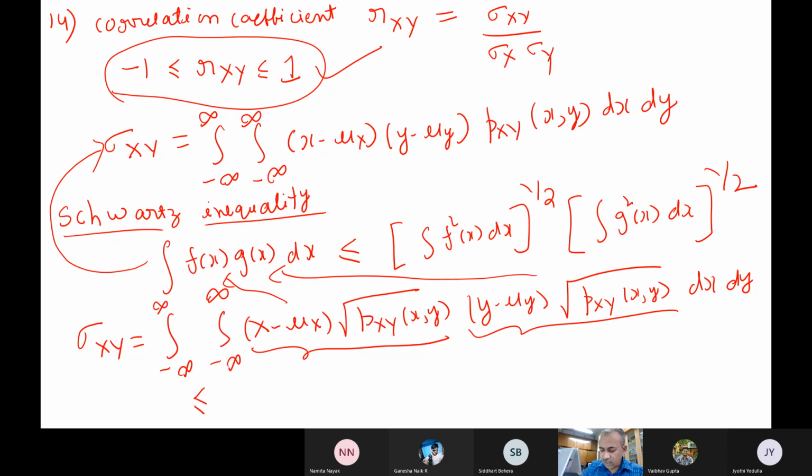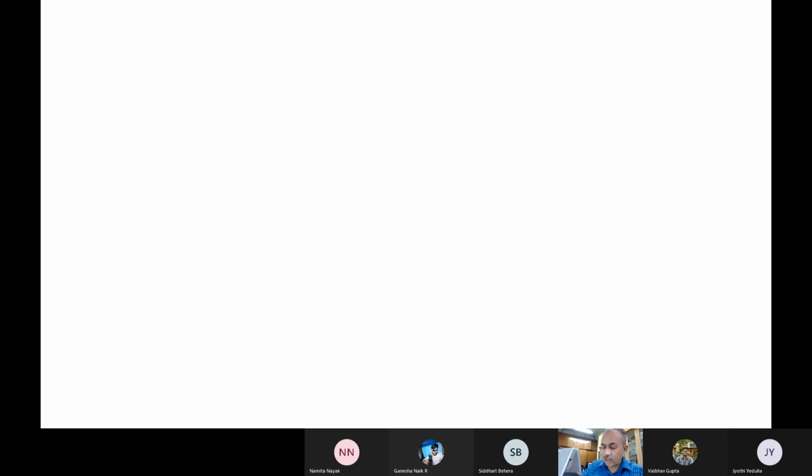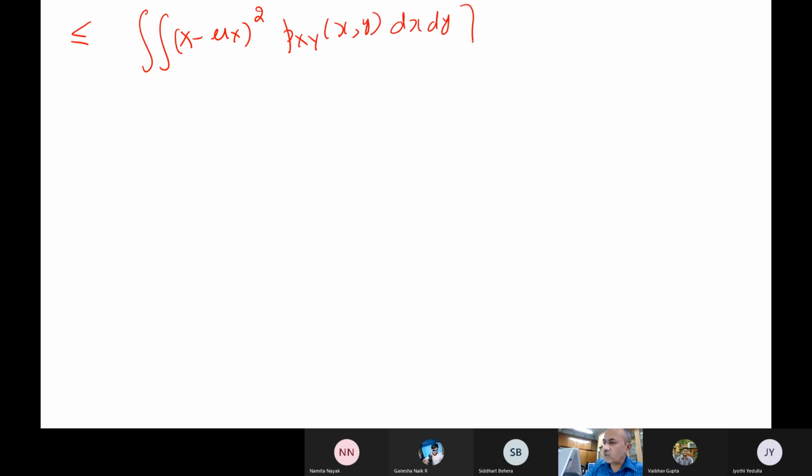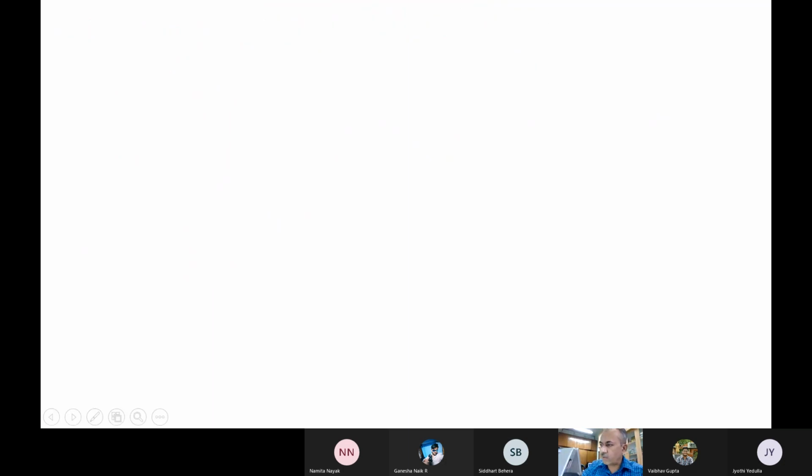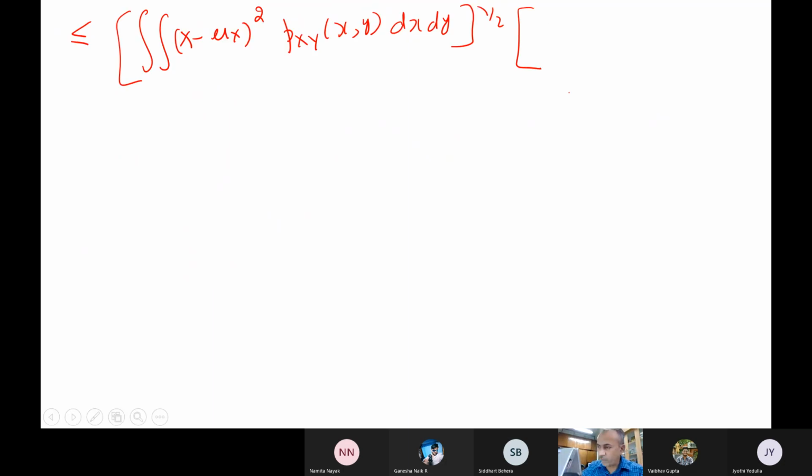this should always be less than or equal to the following. Using the Schwarz inequality, this is the integral of (x minus mu_x) whole square p_XY(x, y) dx dy, whole to the power of half, multiplied by the same thing with (y minus mu_y) whole square p_XY(x, y) dx dy.